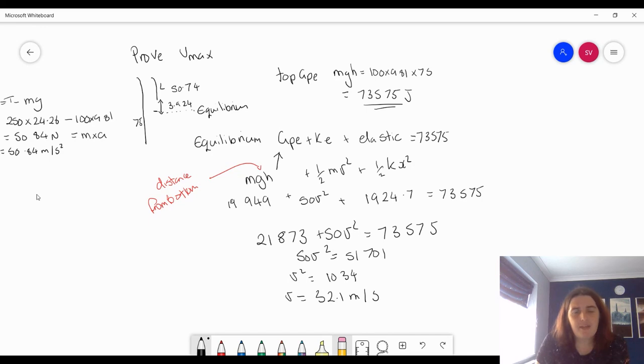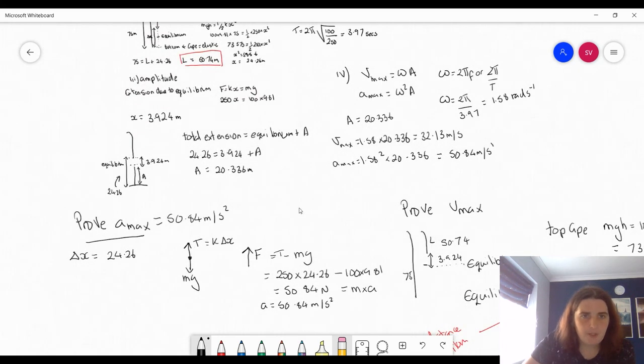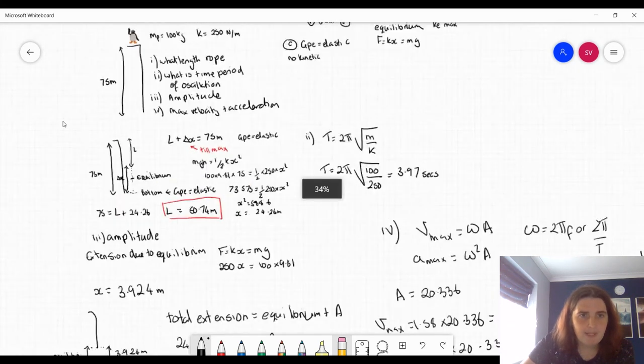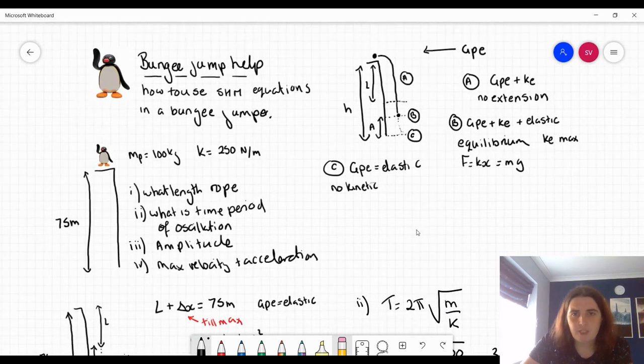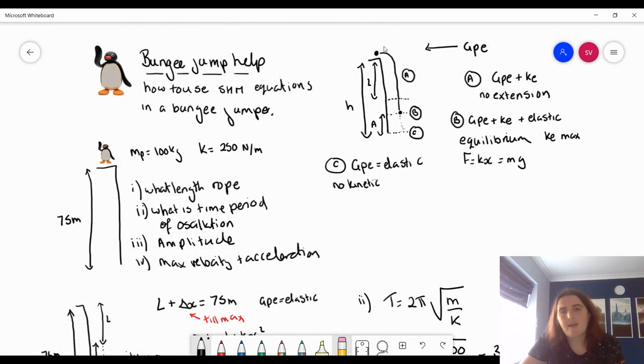In a bungee jump kind of question, at the top there's maximum gravitational potential energy, and before it starts stretching you've got GPE and KE. Then at B, at equilibrium, your kinetic energy is the maximum, but you've got a mix of GPE, kinetic, and elastic. But at the bottom, you've got GPE and elastic only, because it's stopped.